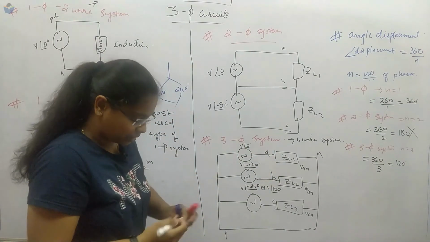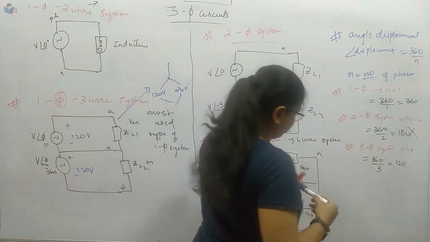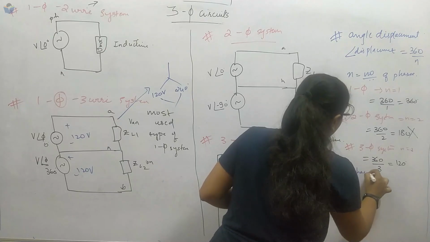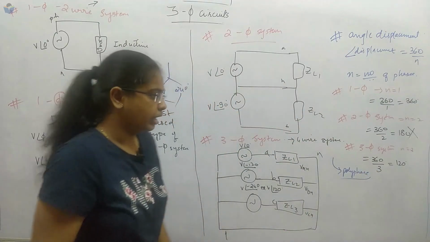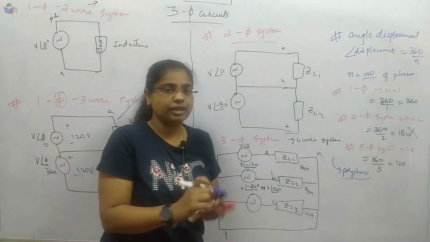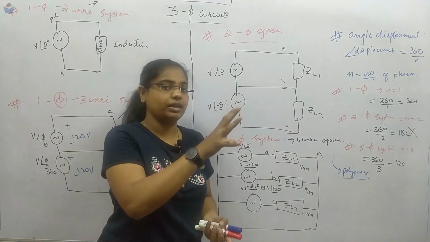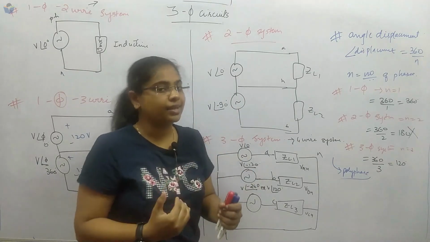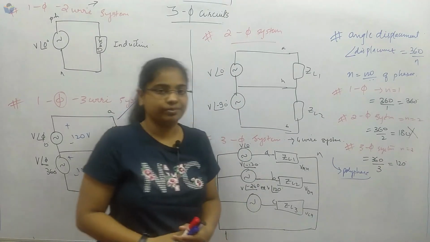This 3 phase system we also call a polyphase system, because more than one phase is called polyphase. Fine, so this is the three-phase circuit introduction. In the next lecture, we will draw the rotor and stator and see how the displacement works, and what we call positive sequence and negative sequence. Okay. Thank you.